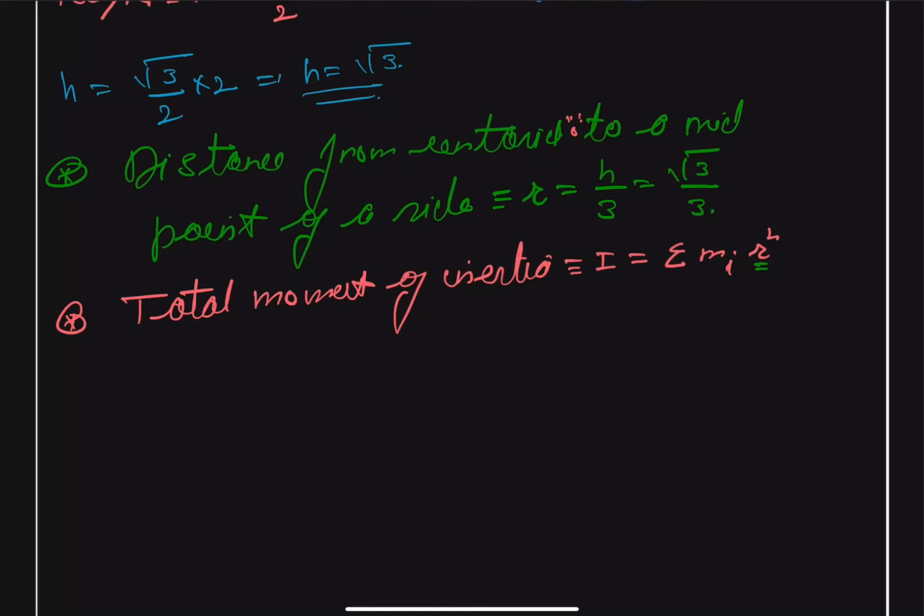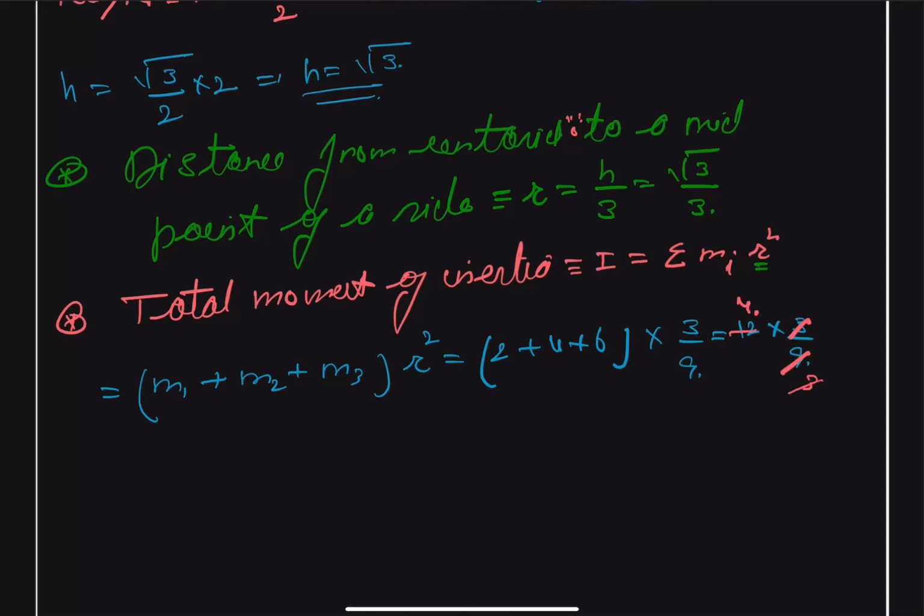So we can write this will be equal to m1 plus m2 plus m3, and this comes as our r square, and this is 2 plus 4 plus 6, and our r square is 3 by 9. So we get 12 multiplied by 3 by 9, and this 9 goes by 3 and 12 goes by 4.